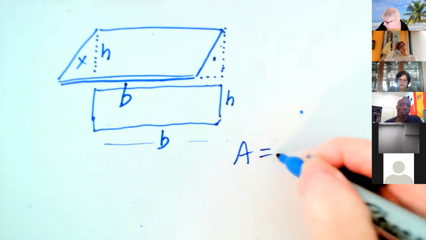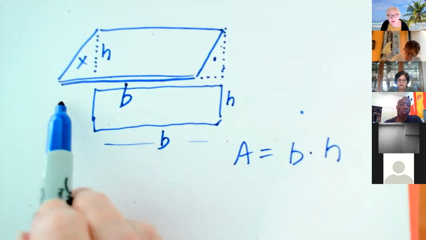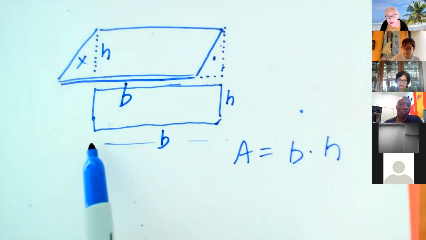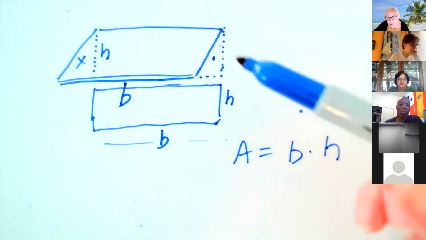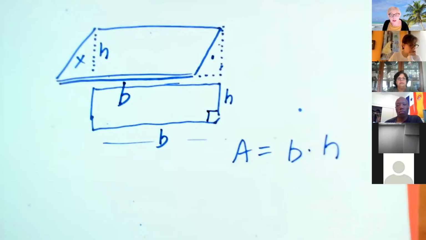And so the area is equal to base multiplied by the height. They're using different letters for this, base and height, but it amounts to length and width, but this has to be a vertical measurement. And so there you are. One more same formula.